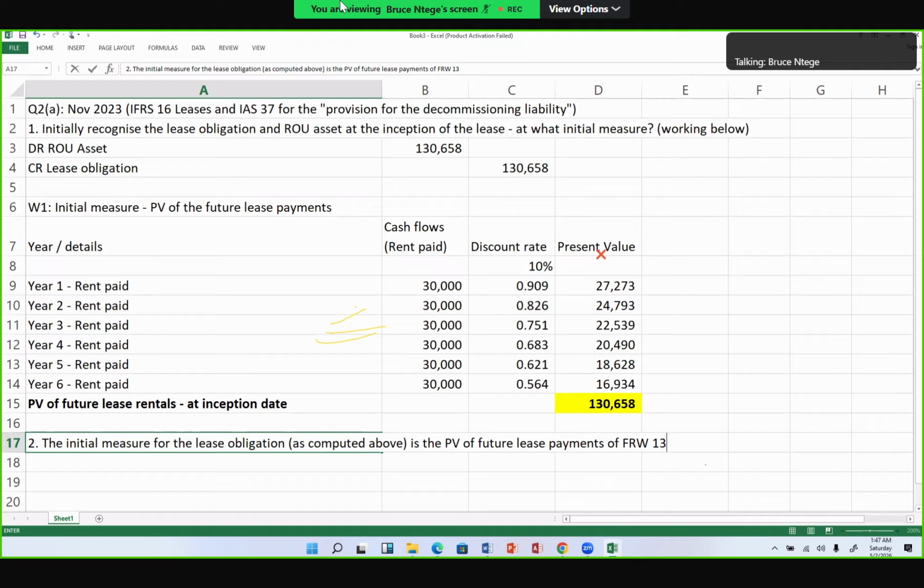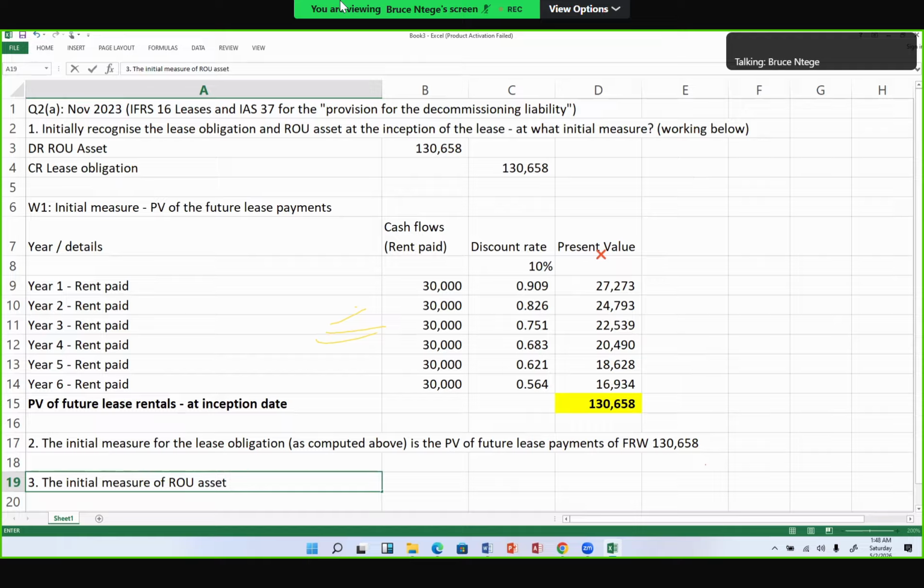So if I go back to the sequence of the principles I gave you, the student is going on to say that also number 3, the initial measure of the right of use asset, we're still looking at the inception date, is, so let me pick the table I gave you.